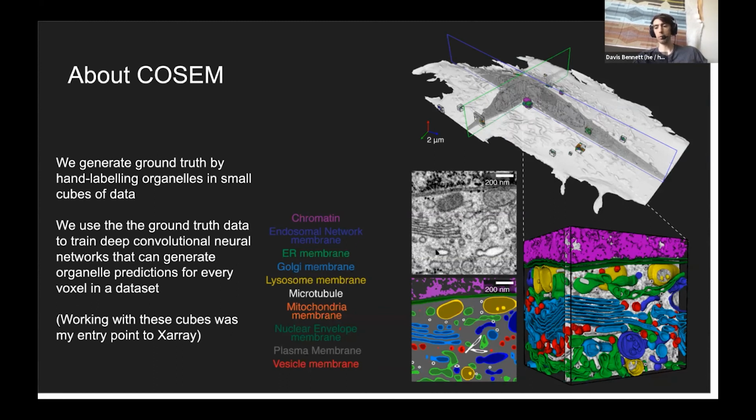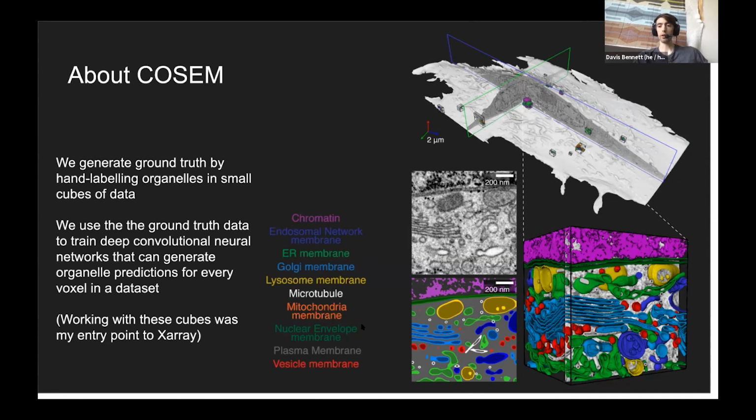And then within that cube, a human being, not me, fortunately, goes through and essentially applies an integer label to every voxel inside the cube. And the integer labels correspond to structures of interest. And so this is what the grayscale would look like, and this is what the labeled image would look like. And then here's a mesh rendering of one of these densely labeled ground truth cubes. And these are all the classes that we're ultimately trying to predict.